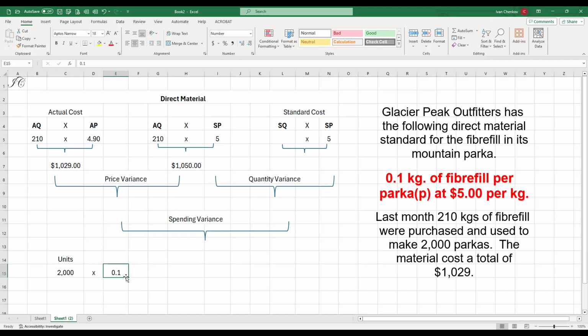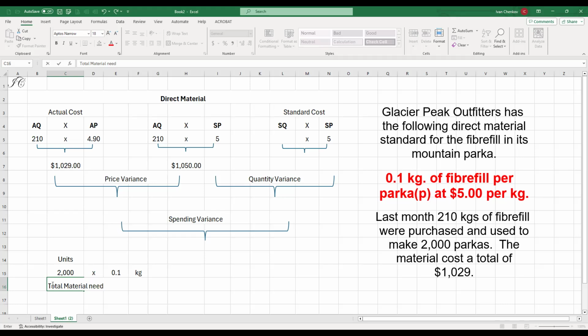That's how much I need, and the dimension is kilogram. So in total, how much material do I need? 200 kilograms.